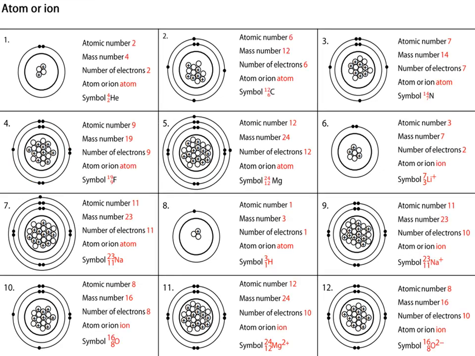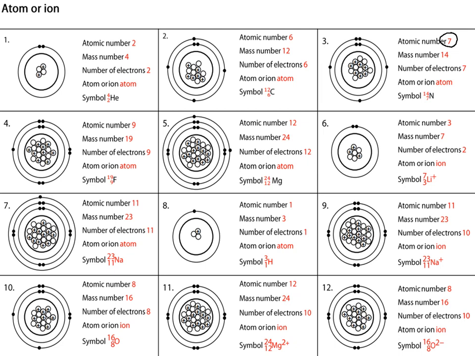Okay, hopefully you got it right. So for atom number 3, there are 7 protons in the nucleus. So 1, 2, 3, 4, 5, 6, 7. Good. The mass number is the protons and neutrons. So there's 1, 2, 3, 4, 5, 6, 7 hollow circles in the middle.